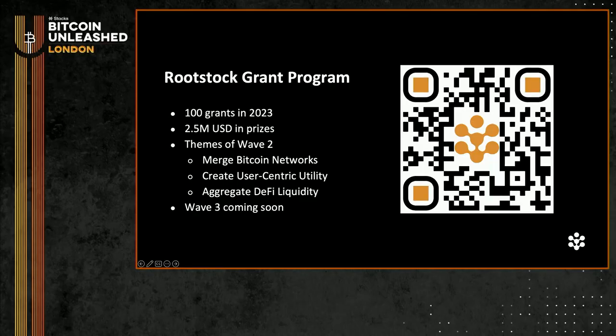The second topic is bridging Rootstock with other L1s and L2s. And the third topic is user-centric utility, which is a very broad topic because anything that brings utility to the user would apply to that subject.